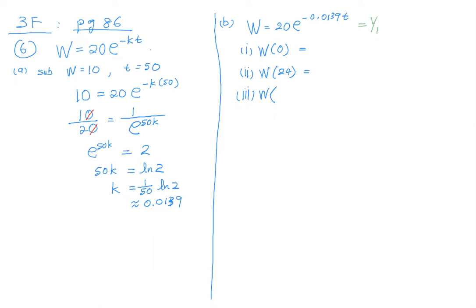This one you have to be very careful. 1 week is 7 days, so 7 times 24, which is 168. I put here 7 times 24. So you get your Y1 and you get the answer. Have you got all the answers? Yes.